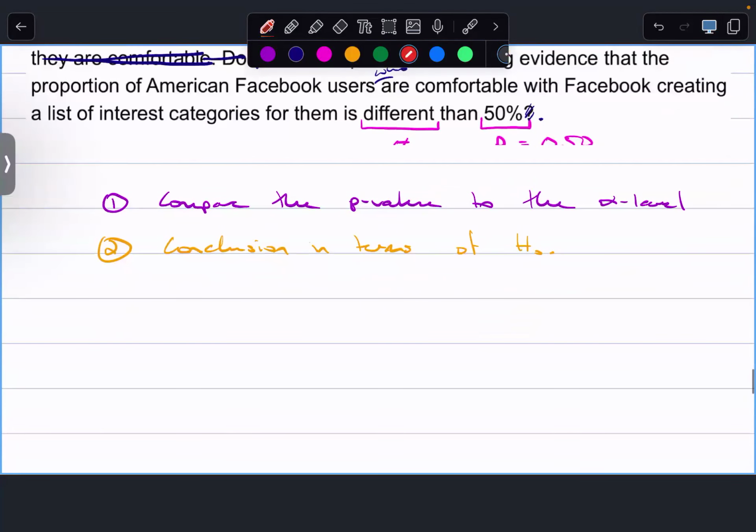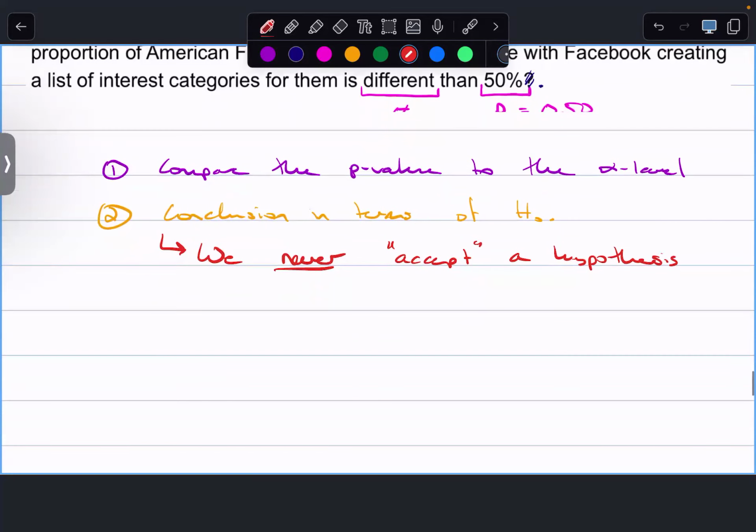And so here we never accept a hypothesis, whether it's the null hypothesis or the alternative hypothesis, right? I will take marks off if I see I accept this hypothesis. What's the big deal, Emily? It's no big deal. It is a big deal, right? Because there's always a p-value probability of being wrong.